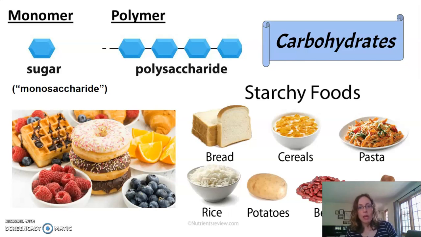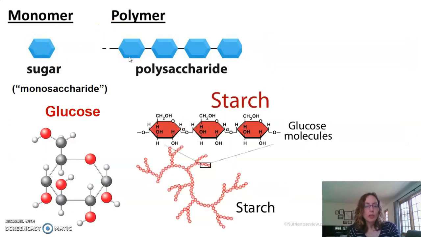And you don't think of something like a potato as being sugary, but when you eat potatoes, your body digests it and breaks it down into sugar. And so that's why sugar and the carbohydrates that make up a potato show up in that same category of chemistry.